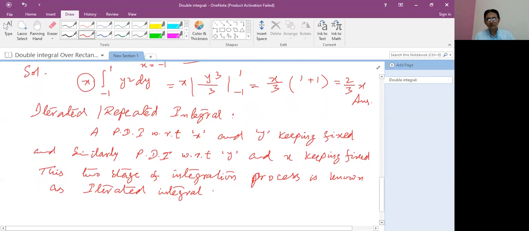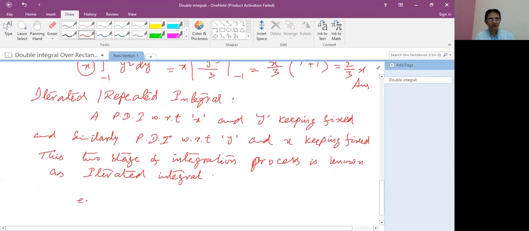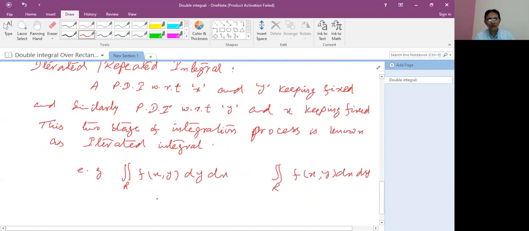For example, if you find the double integral over R of f of xy dy dx, or if you find the double integral of f of xy dx dy, where f of xy equals x cube y square.